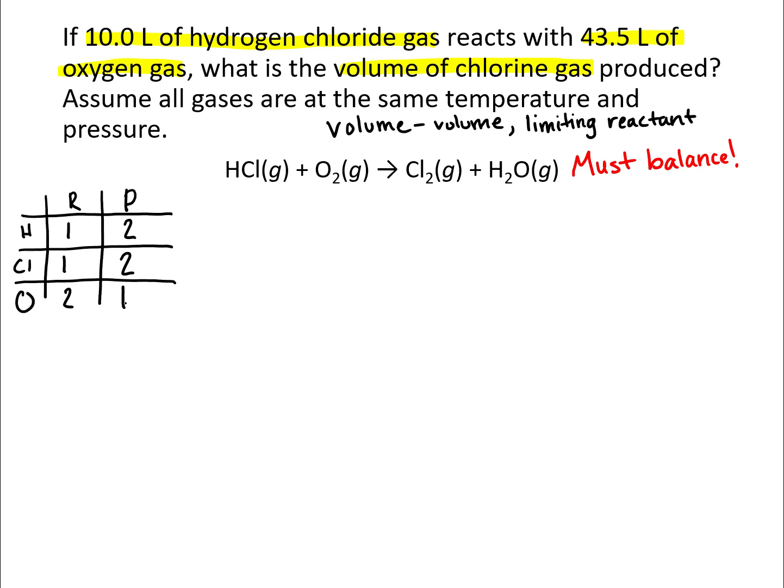So clearly, we've got some work to do. We'll start with the oxygen because this one's the most complex. It's O2, and then we see it in water. There's only one. So let's start there. Now let's see where that takes us after we do some multiplying.